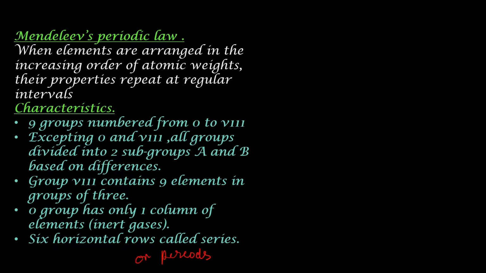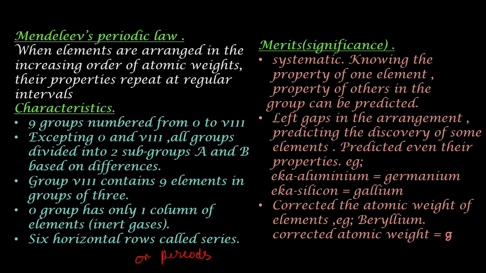Let us see the merits of Mendeleev periodic table. It was more systematic. Knowing the property of one element, the property of others in the group can be predicted. He left certain gaps in the periodic table and predicted the discovery of some elements. He even predicted their properties.